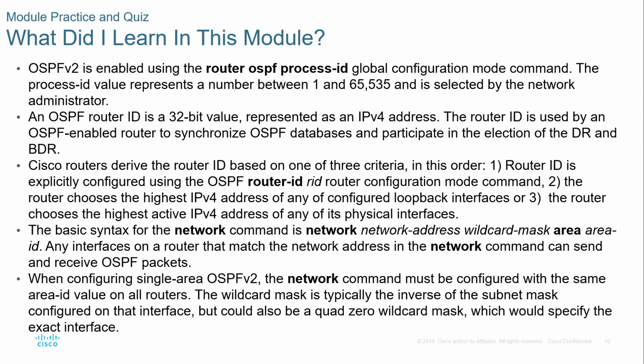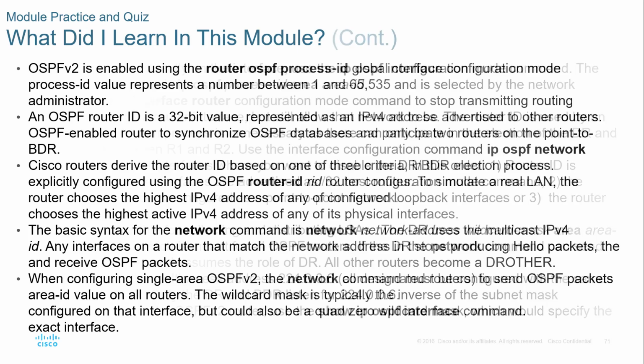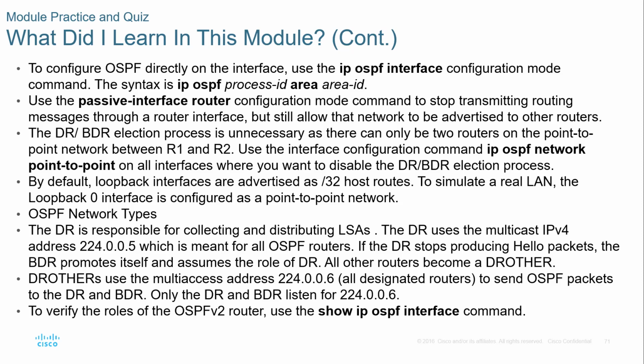We learned how to control what interfaces get hello updates, how to turn some interfaces off so that they don't get hello packets, what the election process is, how it is set up and how it initiates, and how the different neighbored routers actually communicate with one another using multicast addresses.